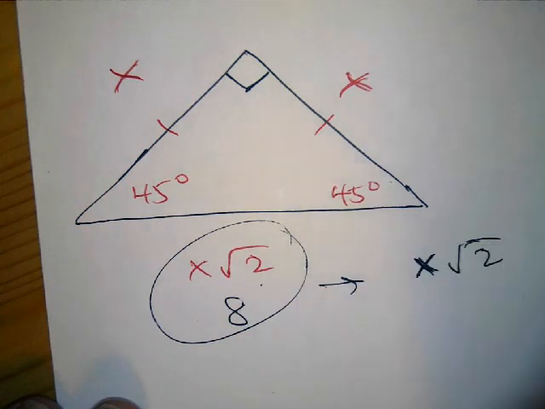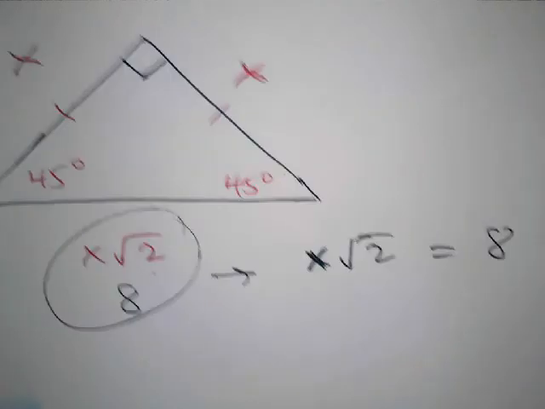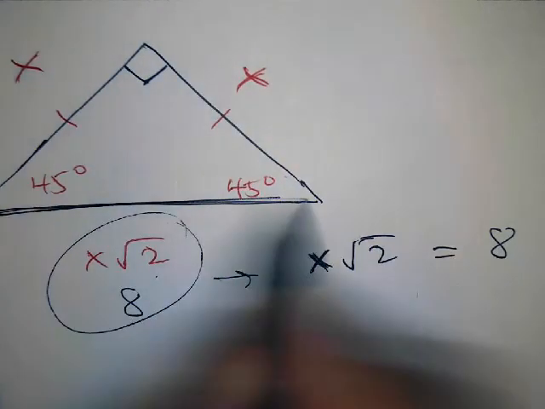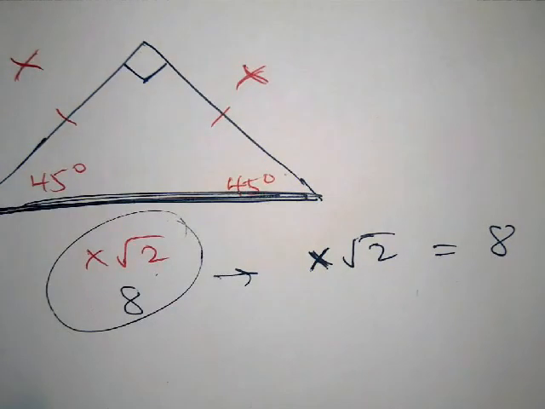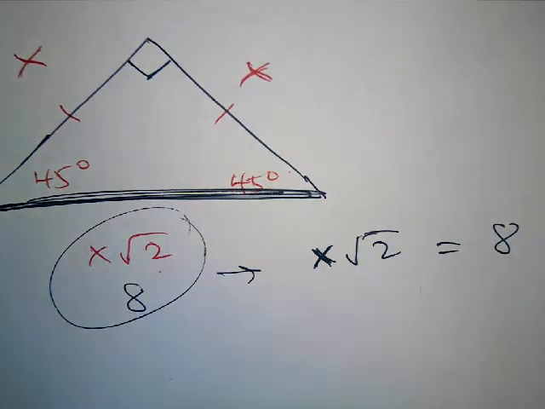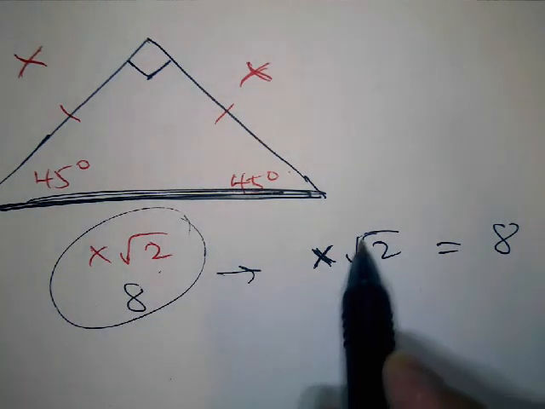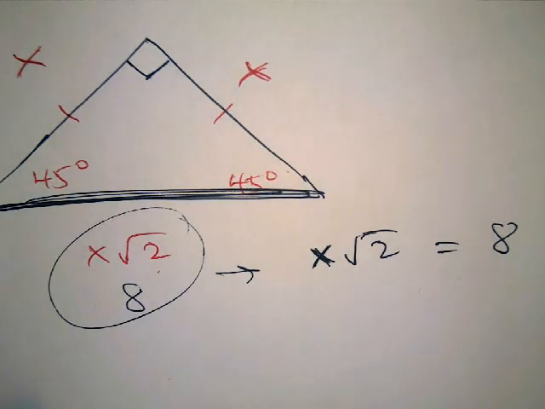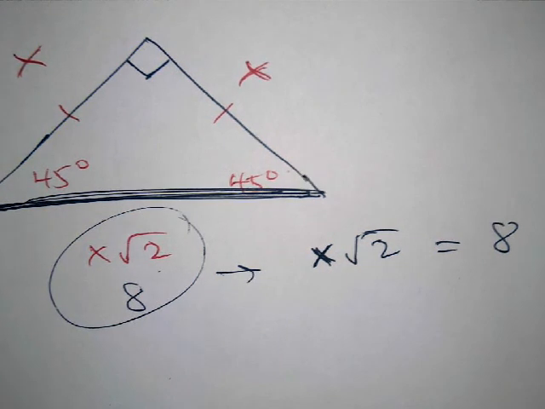So what you have to do is say, okay, this means that I'm trying to find the value of x that when I multiply root 2 to it gives me 8. See, that's what's going on here. They already told you this one measures 8. You don't have to find that one.